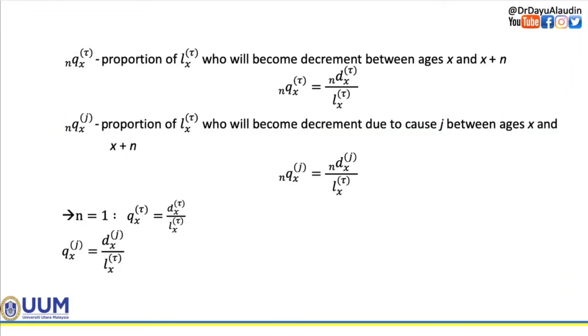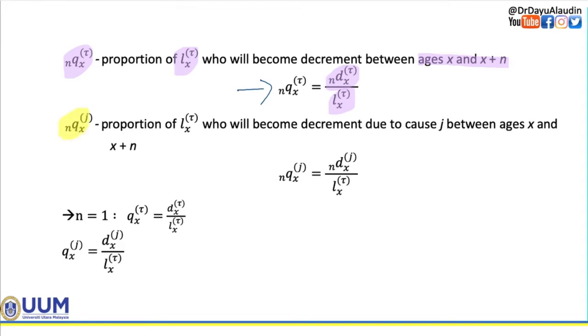Next notation is ₙq_x^τ, which is the proportion of l_x^τ who will become decrement between each x and x plus n. This is the probability. So we divide ₙd_x^τ by l_x^τ to get ₙq_x^τ.